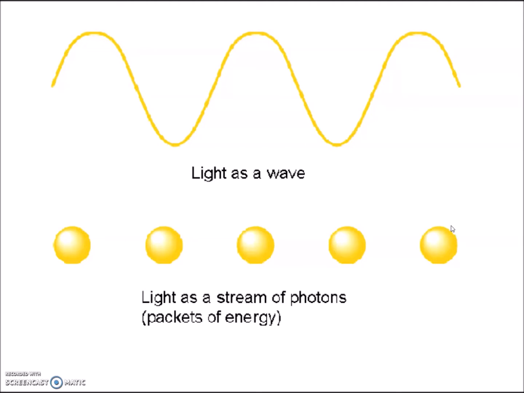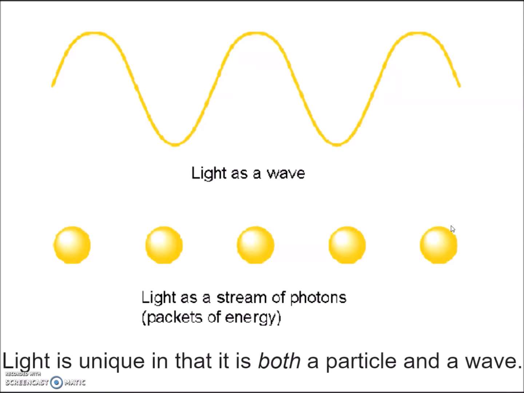Light is really unique. It has a dual nature. It is both a wave, something that oscillates up and down and up and down, and it's also a particle. There are numerous really interesting experiments, one of which is called the double slit experiment in physics, that shows that light can behave as both of these at the same time, which is really mysterious because almost everything else is either a wave or a particle.